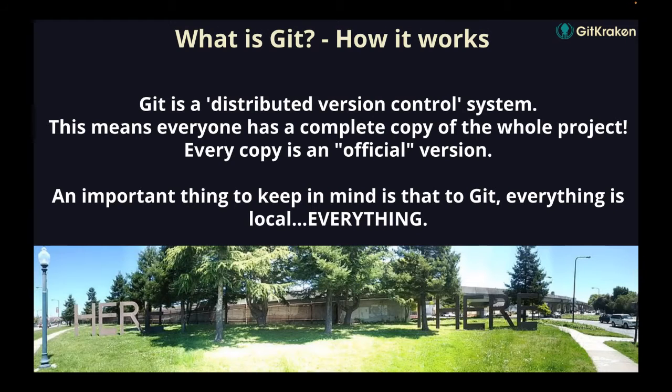Git is a distributed version control system, meaning every single person who has a copy of the code base, a copy of the repository, has an official version of the repository and code base. To Git, there's no mechanism inside of Git that says this is the official version.